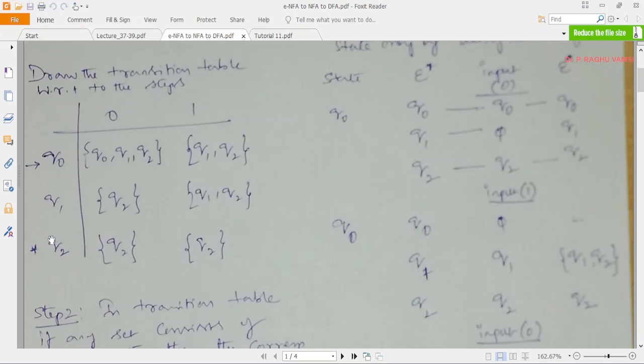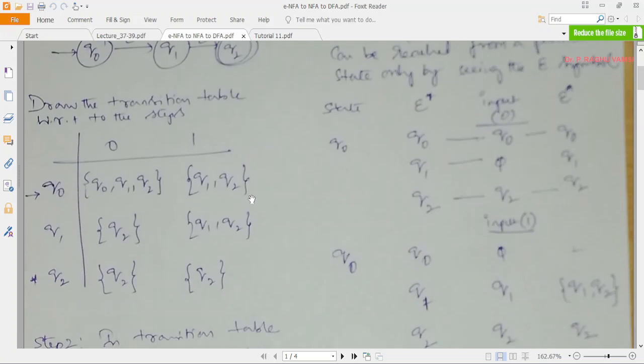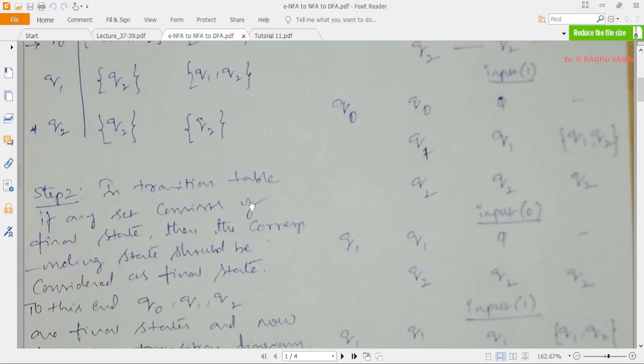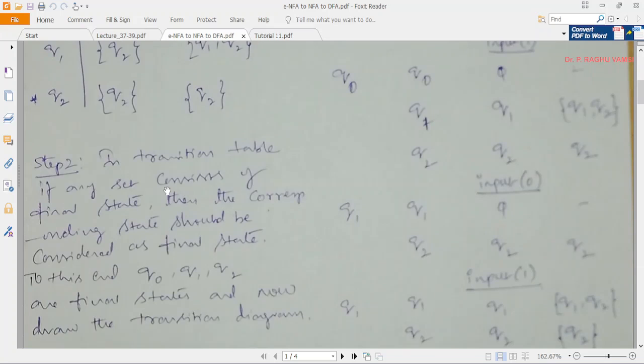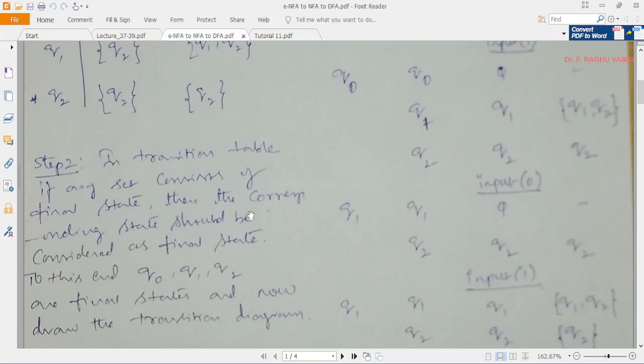Now we have filled the transition table with the procedure that was mentioned here. Once the transition table has been drawn, if any set consists of the final state, here, what is the final state? Q2 is the final state. Then the corresponding state should be considered as a final state.